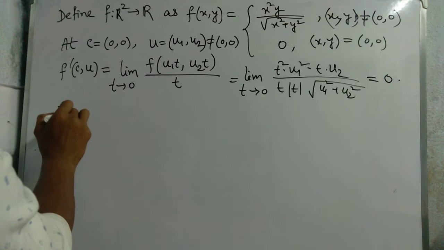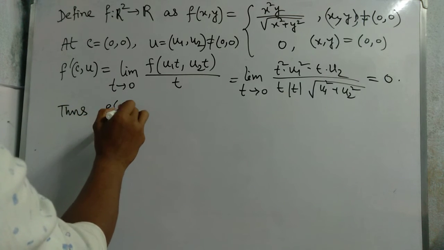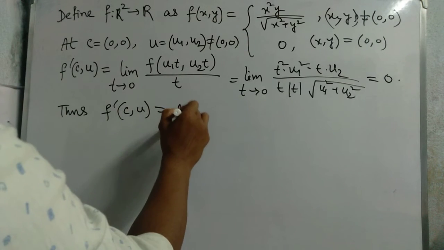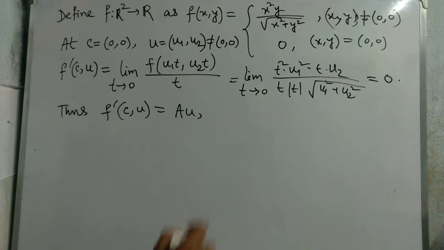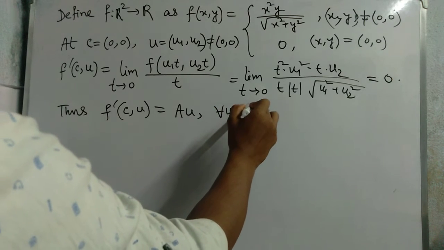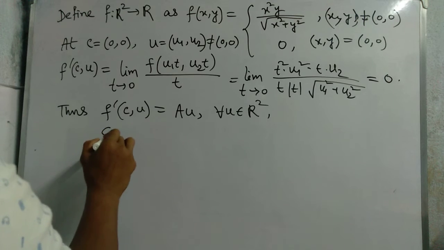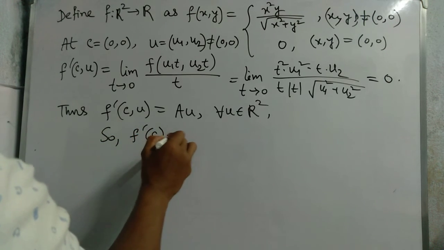Thus f'(c)u equals a u for u belonging to R squared, and so f'(c) equals a.